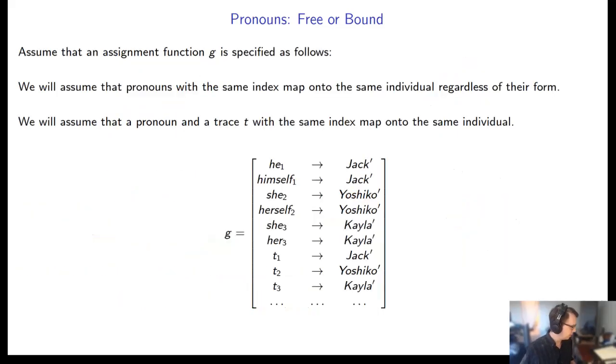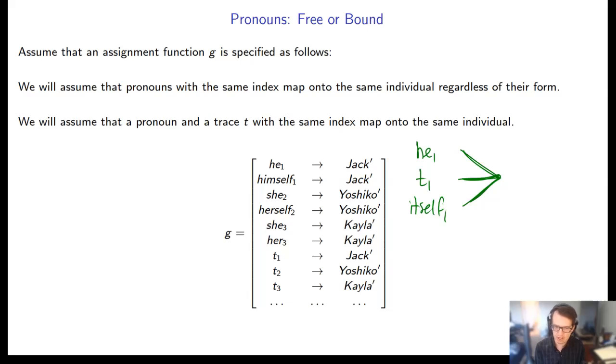And our system treats all of those numbers, so all of the threes, all of the twos, all of the ones, each number goes to one person. So whether you have, say, he1, t1, itself1, all of the ones would pick one individual. They're all bound together.